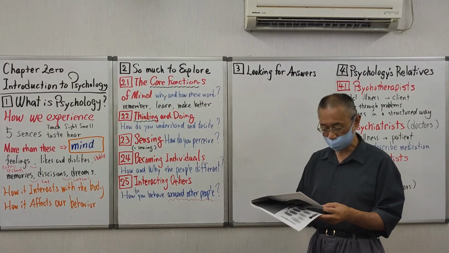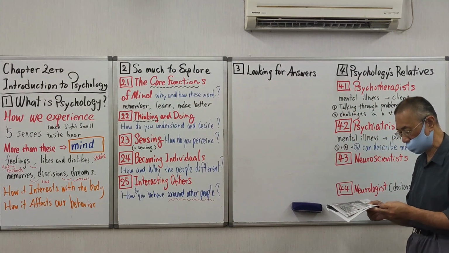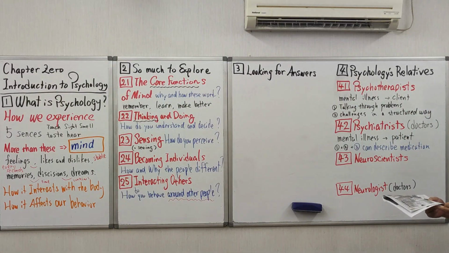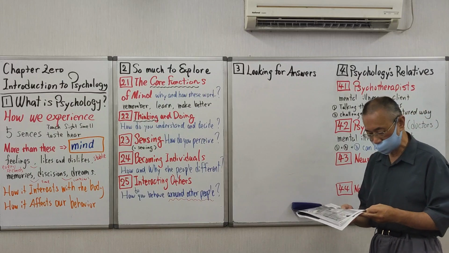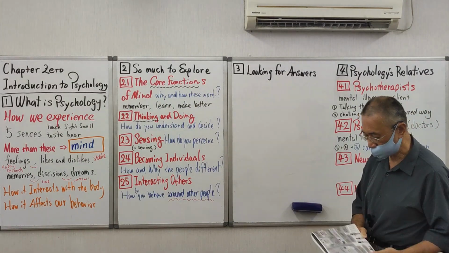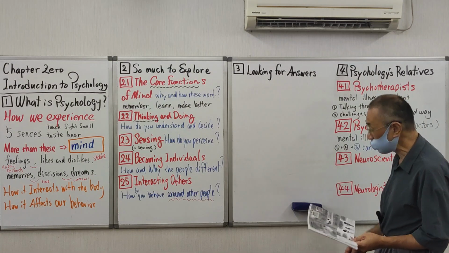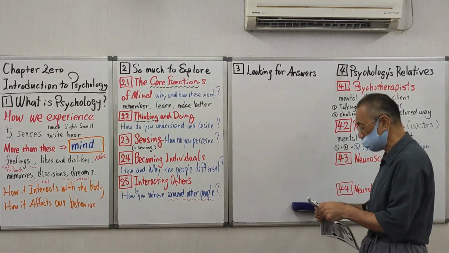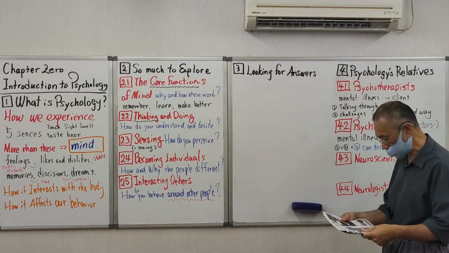A lot of them actually research the same areas of psychology, just with different questions. Here are some questions psychologists might ask about memory. Okay, so now let's go on to the next page, pages 8 and 9.